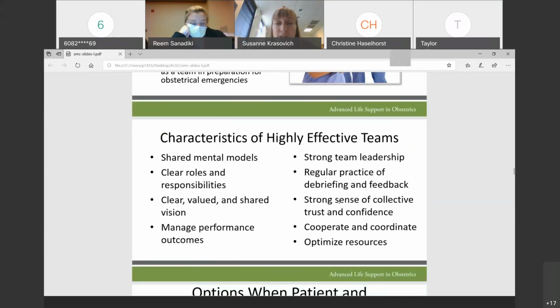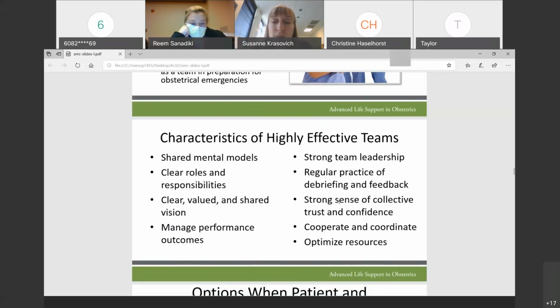So, some other characteristics of highly effective teams. Teams that work well together and work in a highly effective way usually share a mental model. They have the same idea when they walk into that room with a shoulder dystocia of how you're going to approach that. Everybody on the team knows what their roles and their responsibilities are, and they have a clear shared vision.